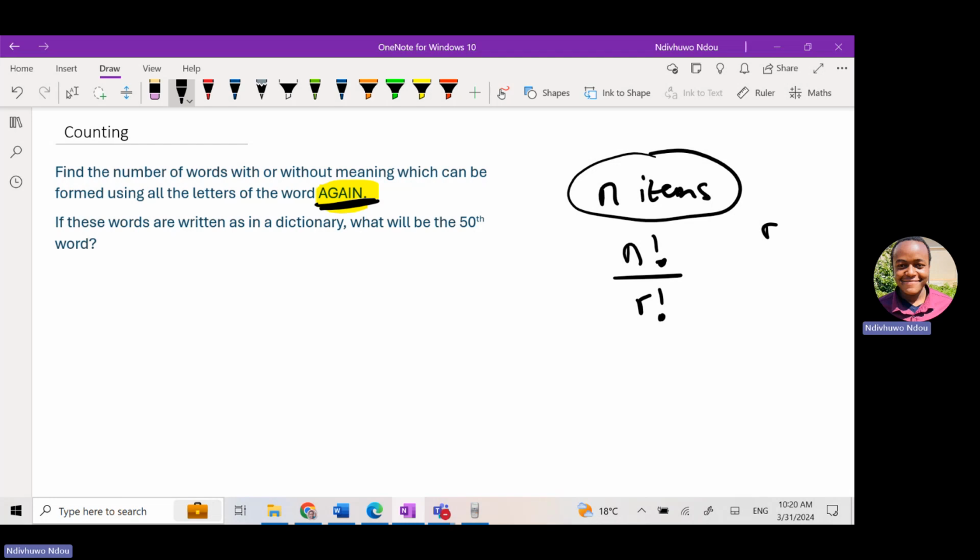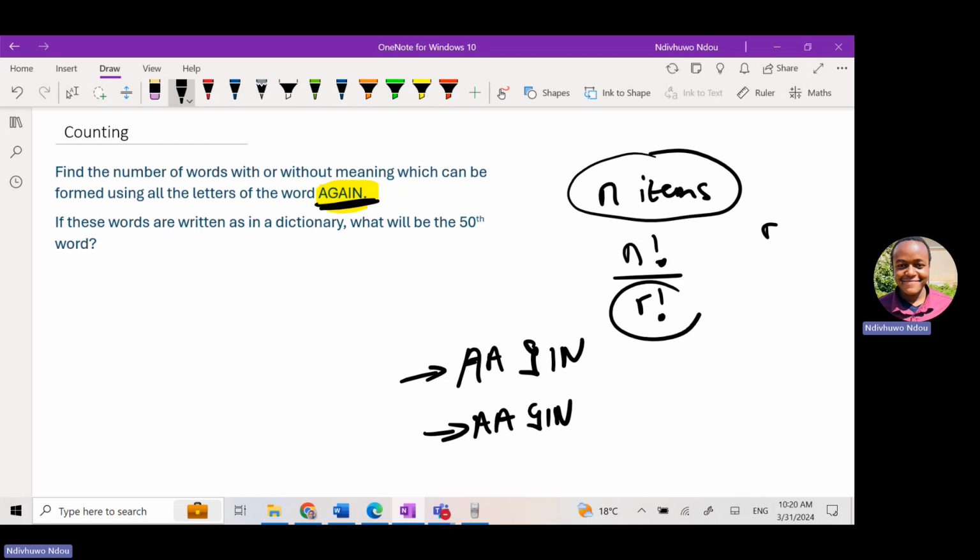Then it will cancel their repetition so that you don't count, for example, if you have G, A, I, N, and someone can claim that they're starting with this A, and you swap the A's, you can see this is still the same word. You can't say those are two different words. So to cancel out that effect of repeating letters so that we get different arrangements, we have to divide by the factorial of those repeating letters.